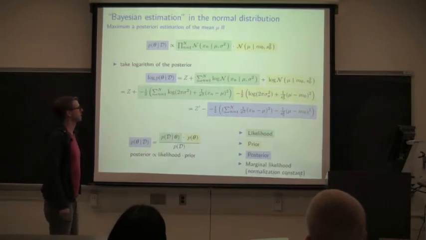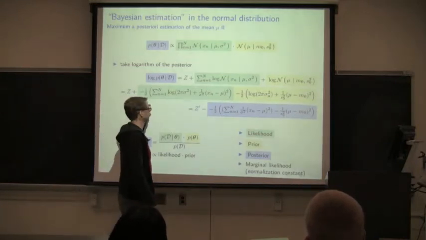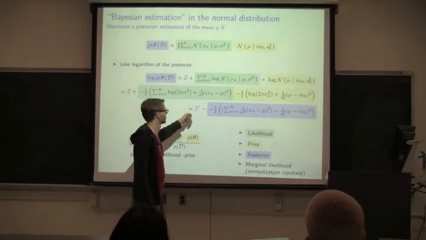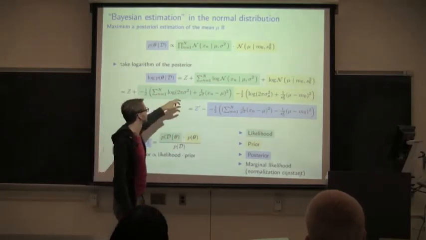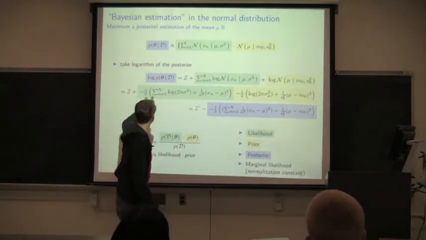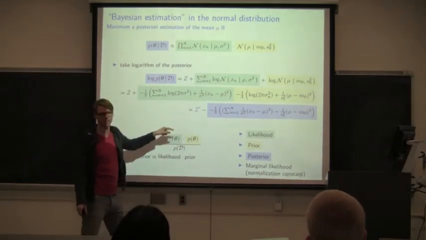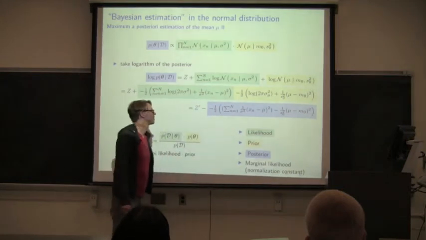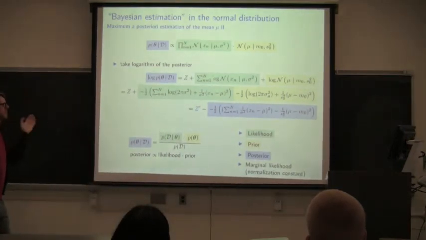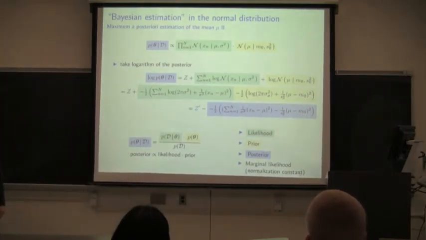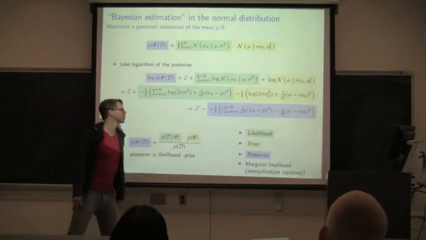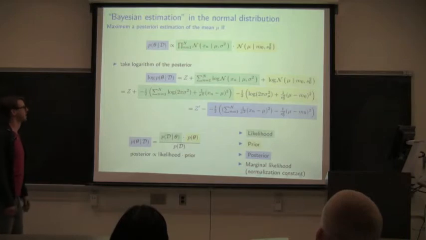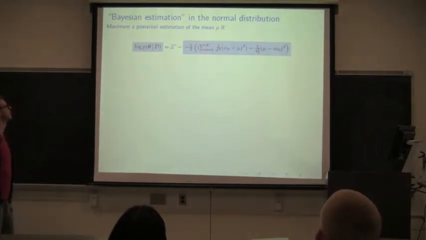And now, just rearranging, pulling again everything that does not depend on the data and on the parameter into the constant, we're left with that. And that is the only part that we have to maximize now, because this part won't do a thing.